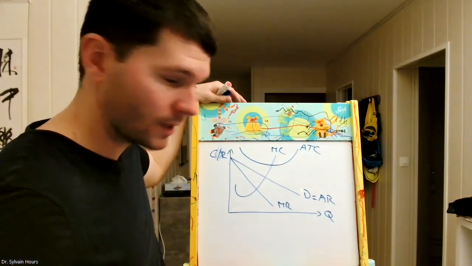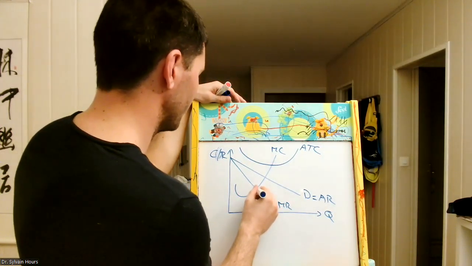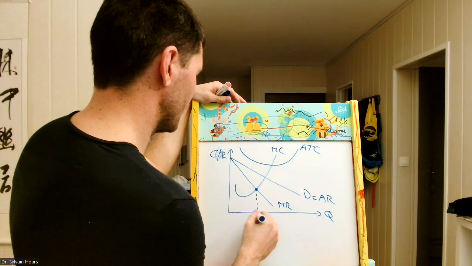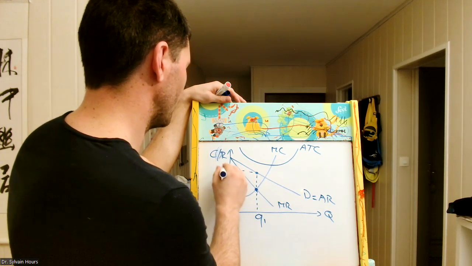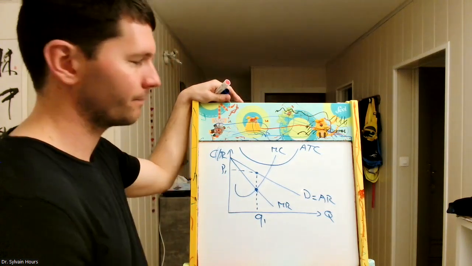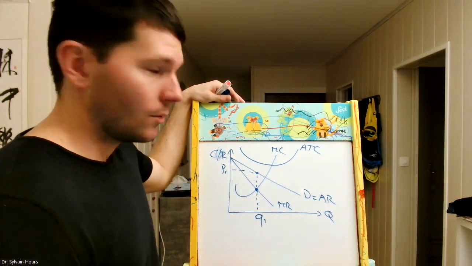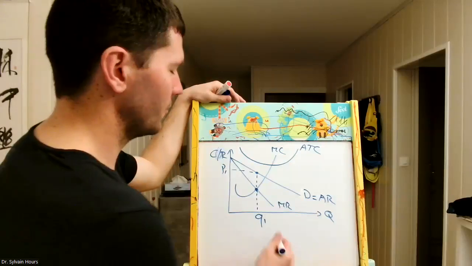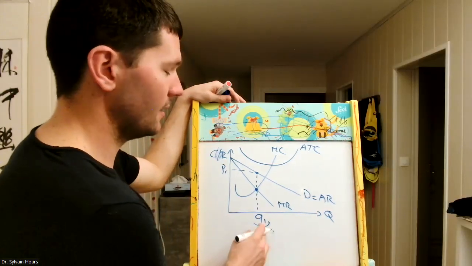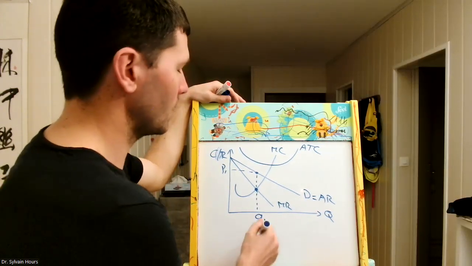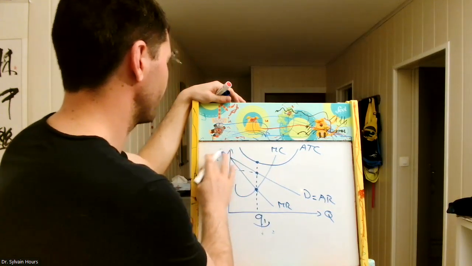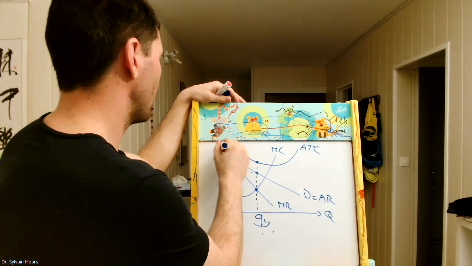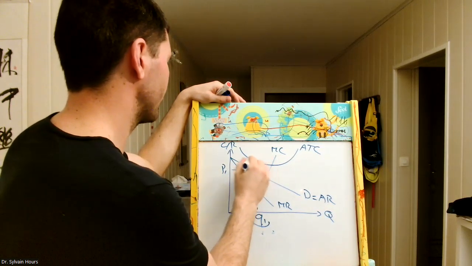The optimum is still where MC is equal to MR. This doesn't change. Q1. The price, of course, we still need to go up until we meet the demand curve, P1. But now, to calculate the profit, I need to find out what is the ATC, the average total cost at Q1. So again, I go up until I meet the ATC curve. You see that it's quite high.